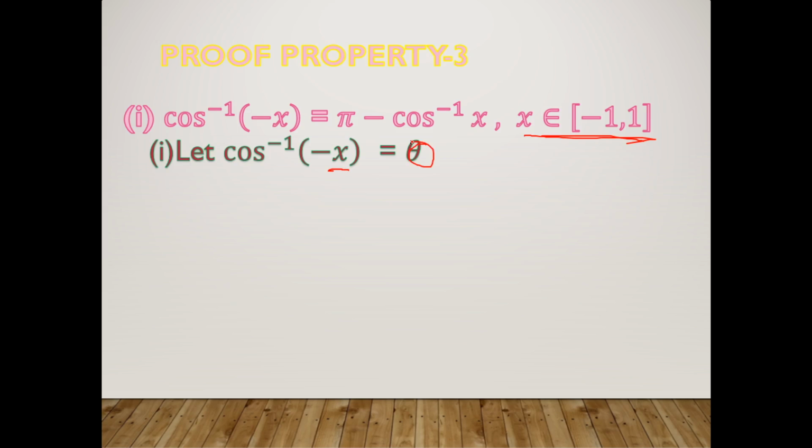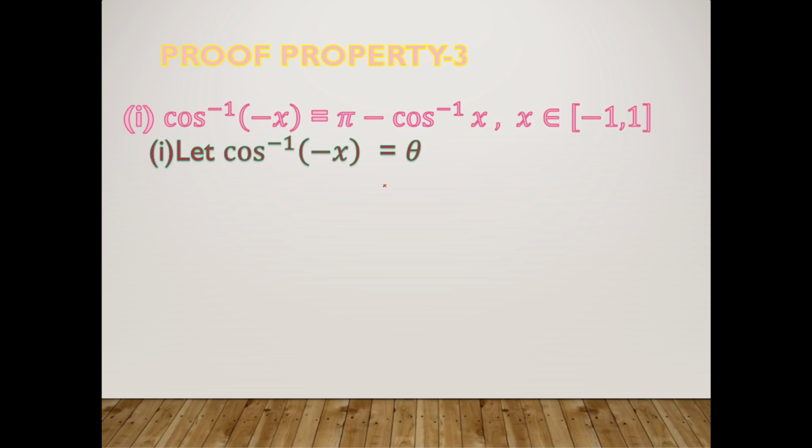That means theta is the principal value of the cos inverse function. So we all know that the principal value of the cos inverse function lies between 0 to pi in this closed interval. So theta is here 0 to pi, right? For all these values of x, that is x from minus 1 to 1, theta lies in this closed interval 0 to pi.